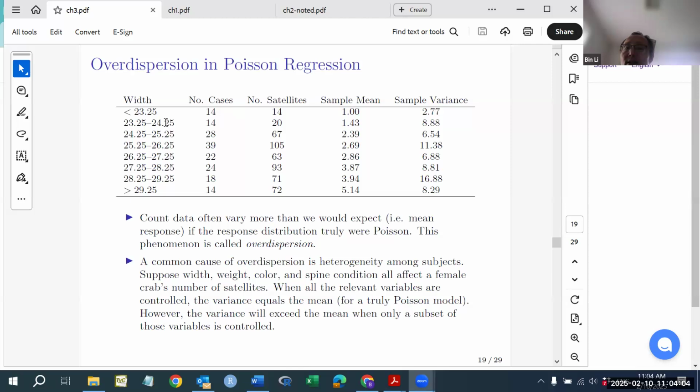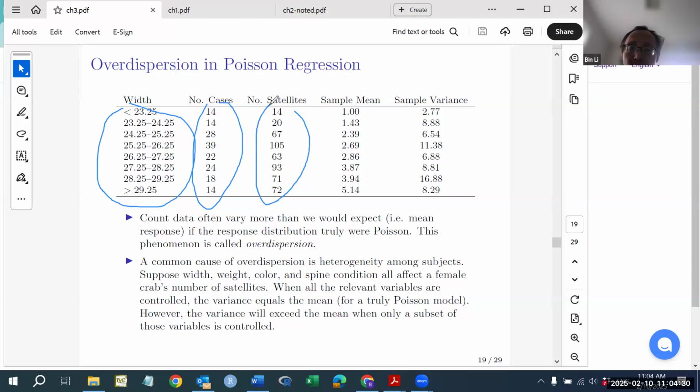Now there is a common problem for using Poisson regression, and that problem is called over-dispersion. We have the 8 groups for the width. These are the number of cases falling into each group, this is the number of satellites, this is the sample mean, and this is the sample variance based on the 8 groups of width.